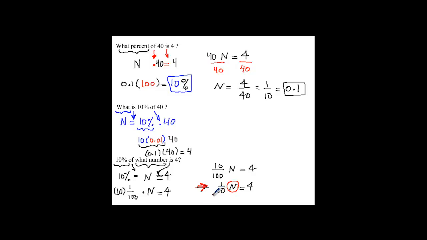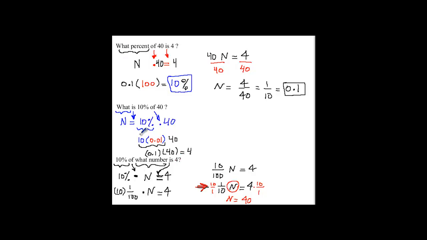Remember the reciprocal, Richard? What's the reciprocal of 1 over 10? Yeah, it's 10 over 1. So you have to multiply each side by 10 over 1. So what is n equal to? n is equal to 40. Exactly, as we expected, right? 10% of 40 is equal to 4.